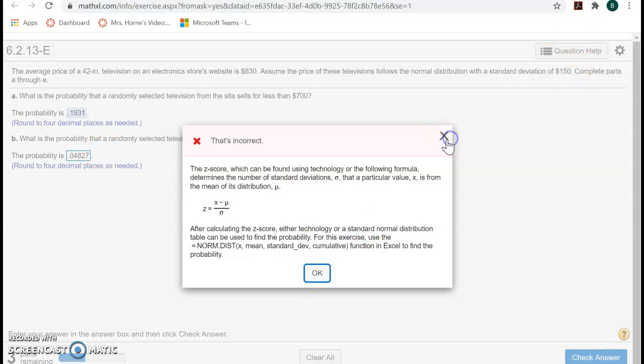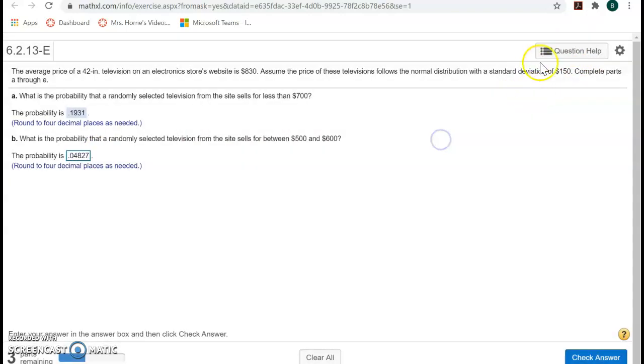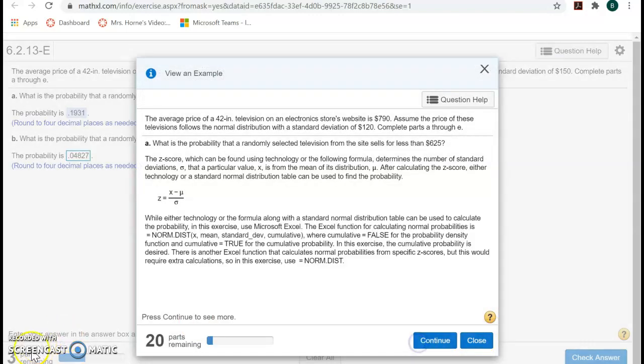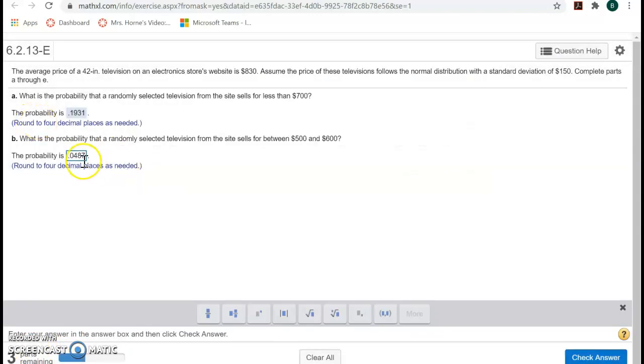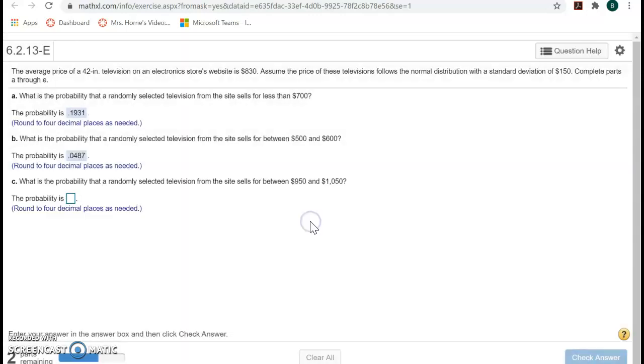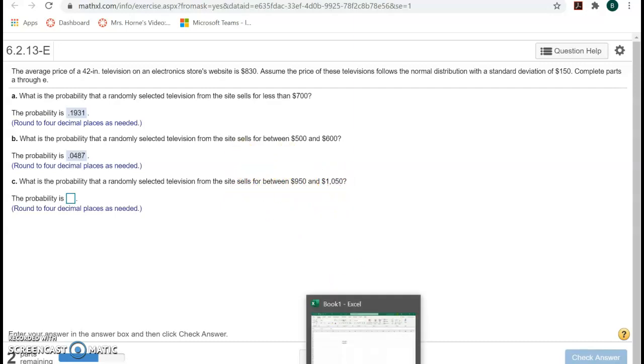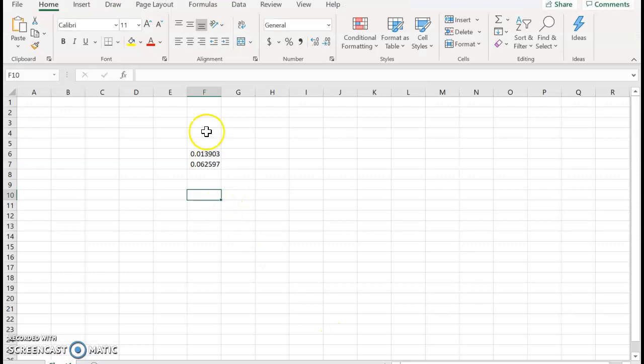Let's see what they use. Okay, I put a 2 in there, and that threw it off. Then for between 950 and 1050, you would just put it in Excel and get your probabilities and subtract.